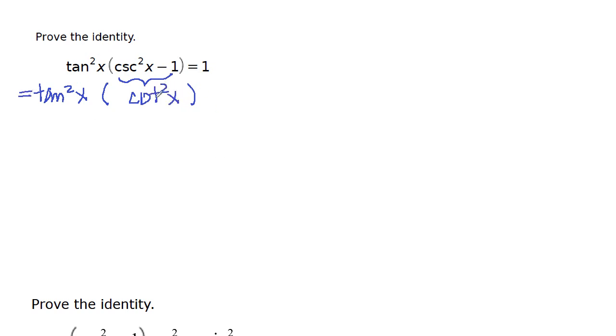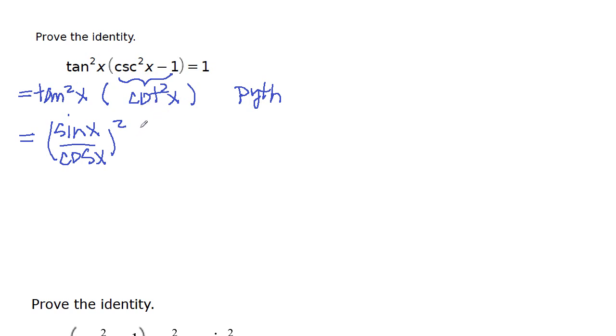So equals, and that was a Pythagorean identity. And then next up, tan x is sine over cosine. So tangent squared x is going to be sine x over cosine x squared.